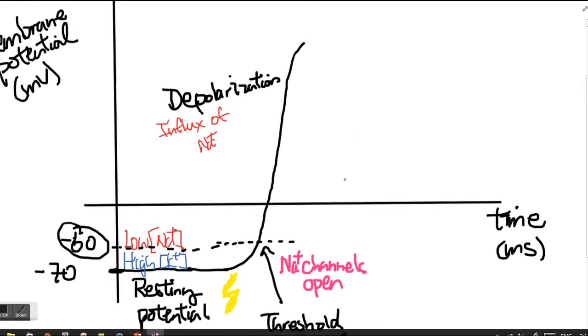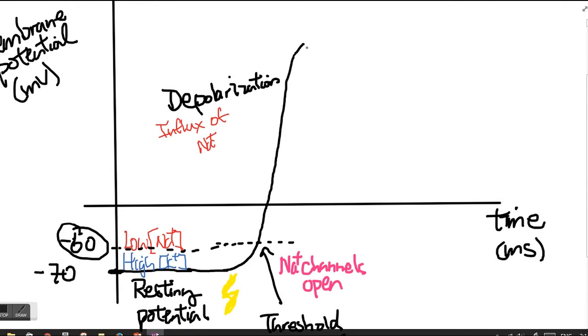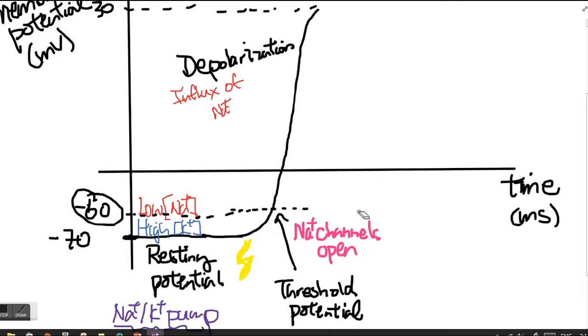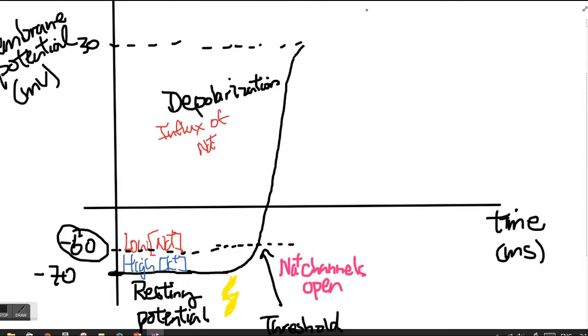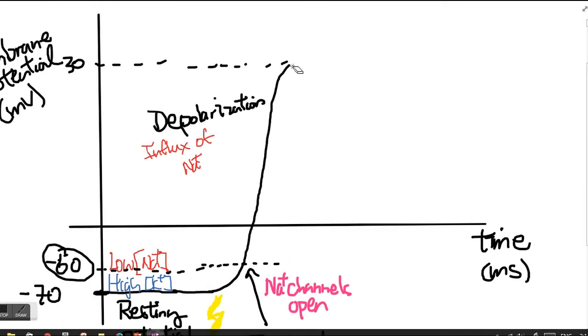But it's not going to increase forever, because if you remember, when you reach 30, that is actually the closing point for the sodium channels. Sodium channels only open between -60 and +30. So when enough sodium comes into the cell and pushes it towards 30, one of the things that happens is the sodium channels close, right?